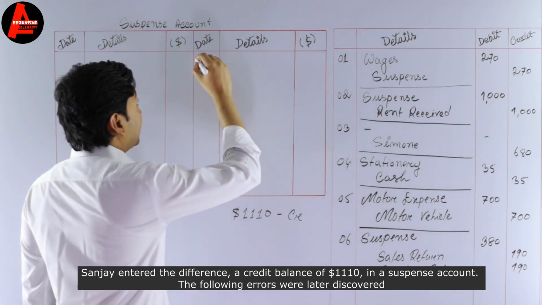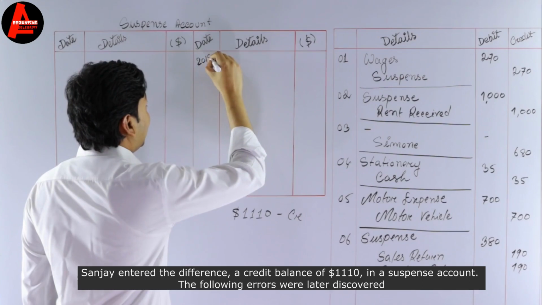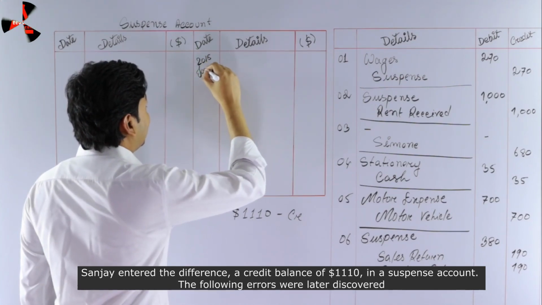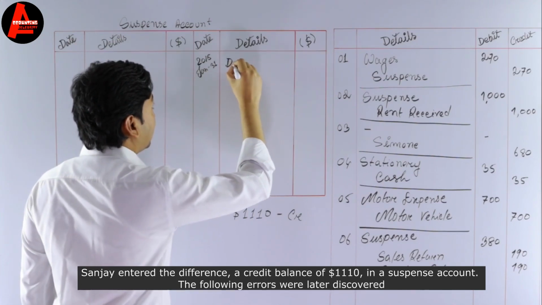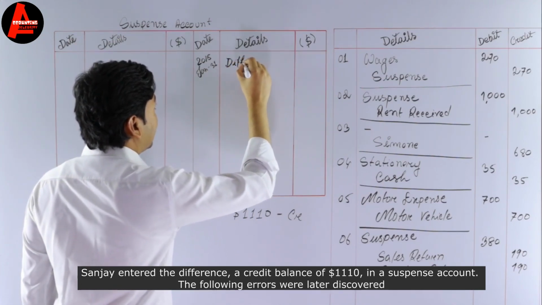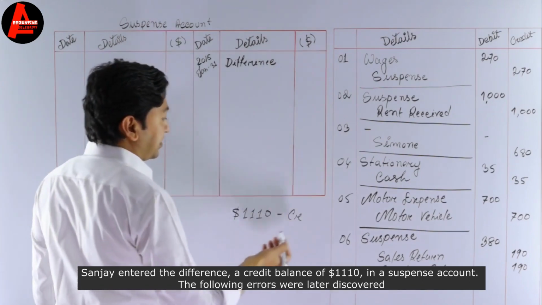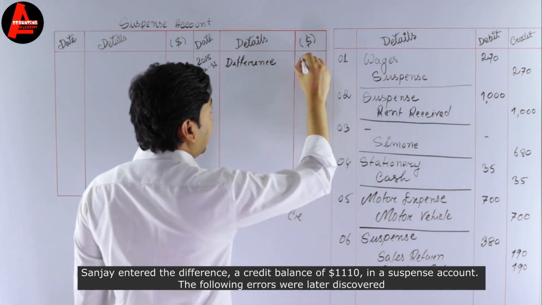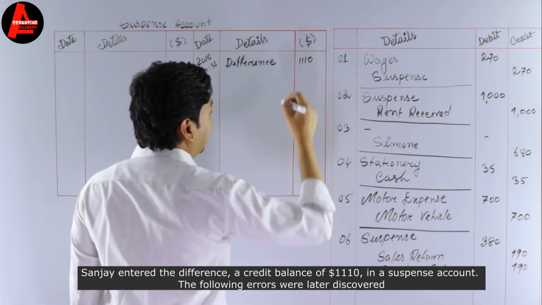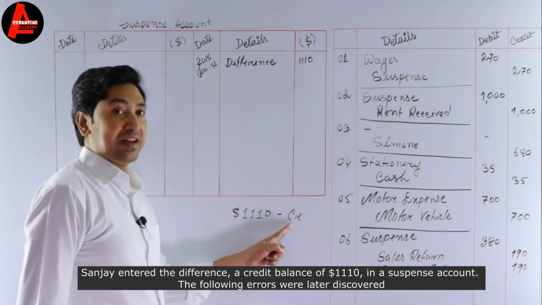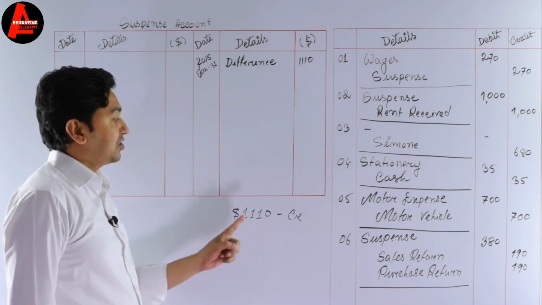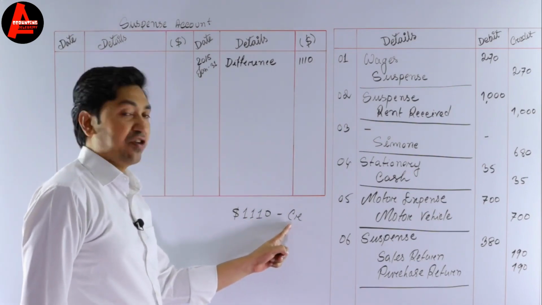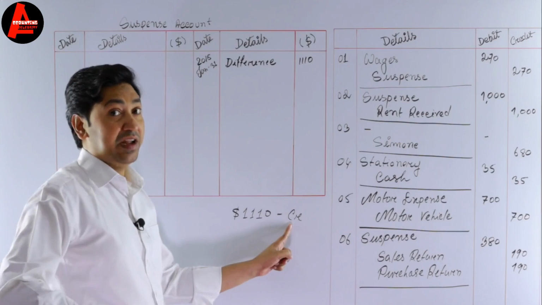So here we got difference, so we'll write here difference. If we see the difference on the debit side, we record on the debit column. Whether it is debit or credit will be written clearly in the question.